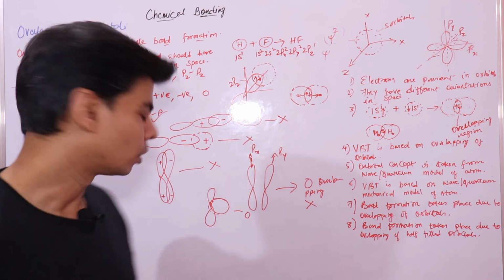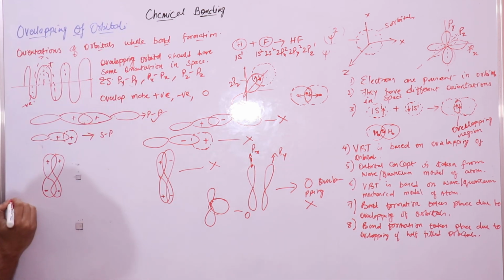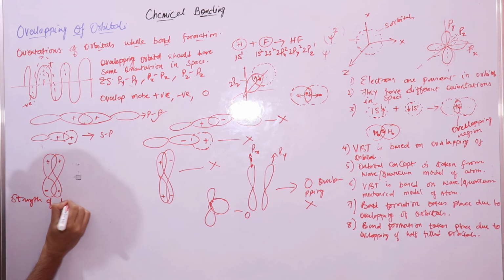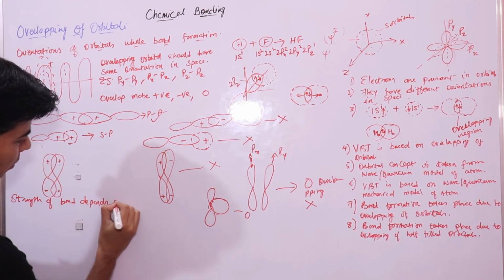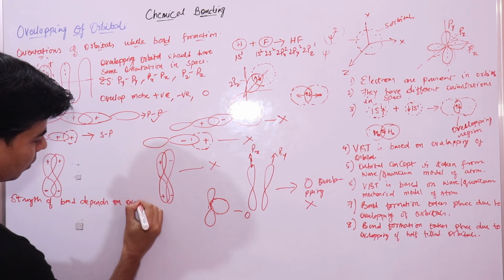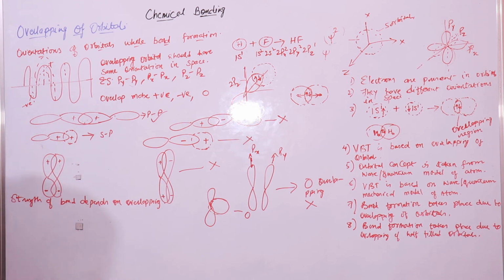So write it over here, that strength of bond depends on overlapping. Strength of bond depends on the overlapping of orbitals.